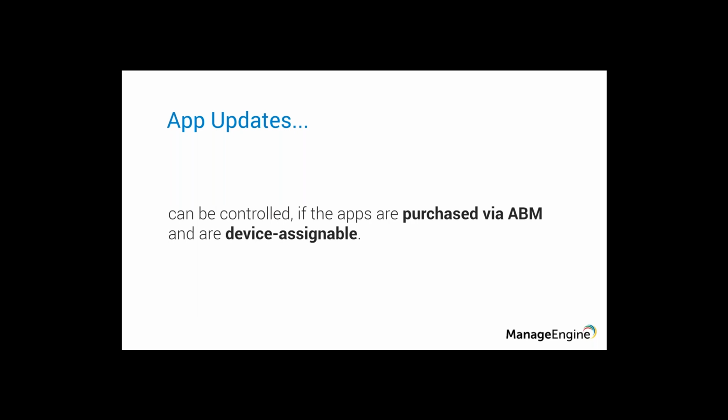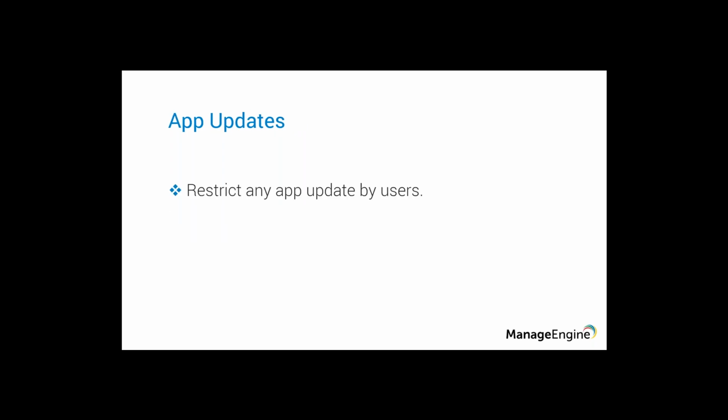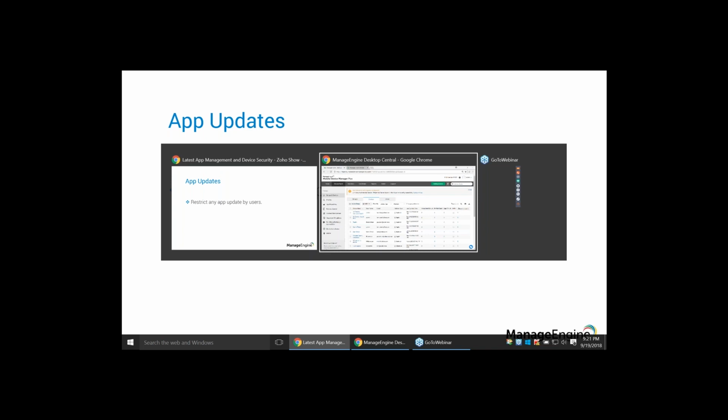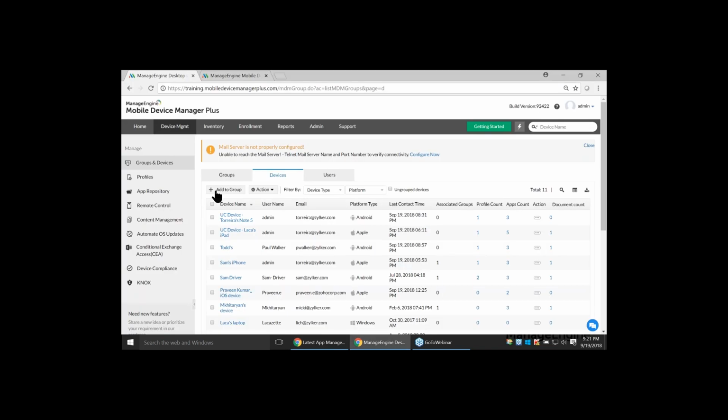So in order to make sure that your devices are running the right services, we provide you with the app update controls. So this app update controls can be done using the Apple ABM service and for the apps that are device assignable. Now let's see how the app management works.